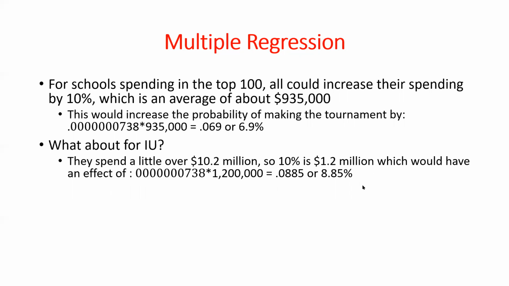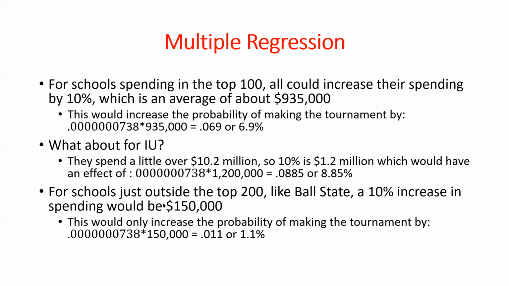So this is just like how once we have that regression output, how we can use those coefficients to start to think about what the impact of different decisions would be. I then did Ball State. The 10% increase for them is 150,000. So right, if we say if they increase their budget by 10%, well, they're only increasing their probability of making the tournament by about 0.01. Right? And you could do this for any school, any amount of increase in their budget. But this is just kind of a quick little look into it. Right?